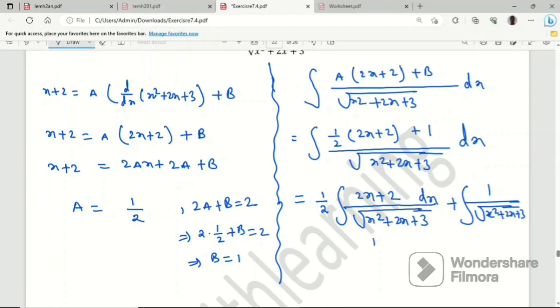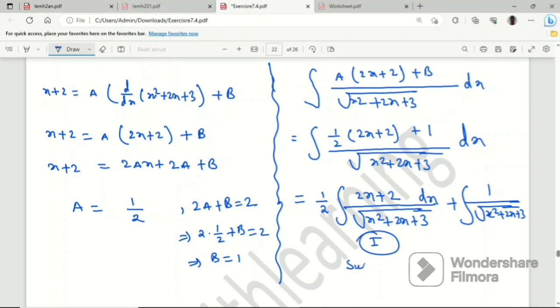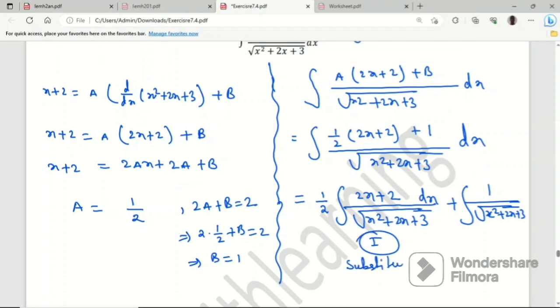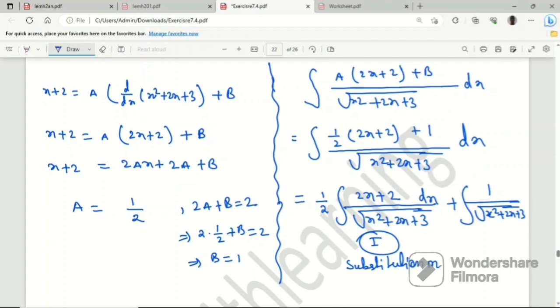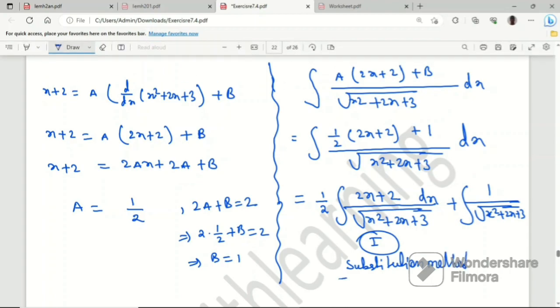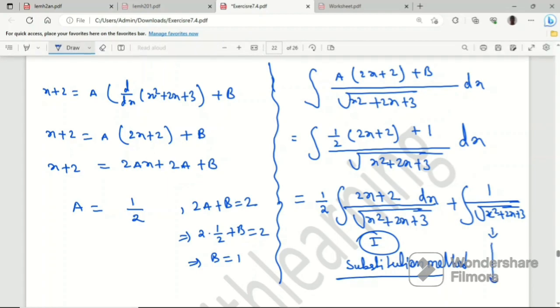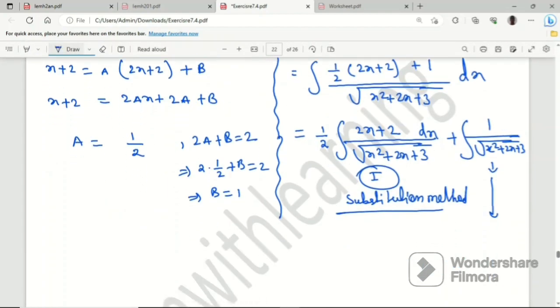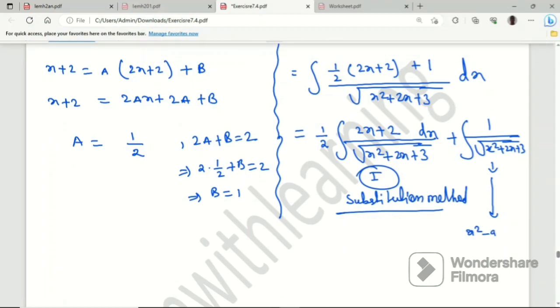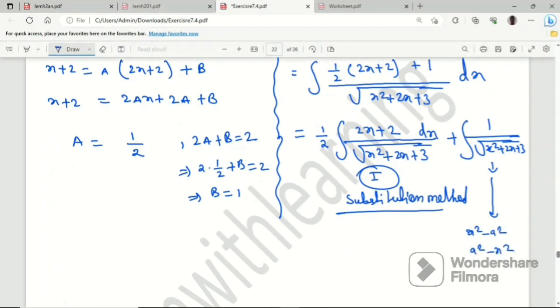Again you can solve this by substitution method, and you can try this in the form of x square minus a square or a square minus x square or x square plus a square. One of them you have to apply, not all three. Whatever it will be, you have to just try to change this quadratic expression in the form of x square minus a square or x square plus a square.